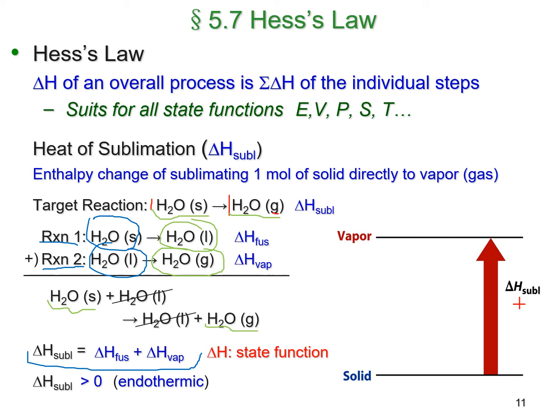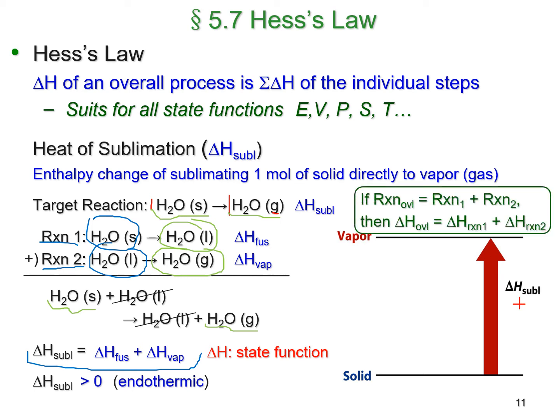So this kind of analysis leads us to think there could be another approach for us to use Hess's law, using chemical reactions. If we find out the overall reaction is a sum of the two-step reactions, all we have to do is add the delta H of these step reactions together to have the delta H of the overall process or overall reaction.